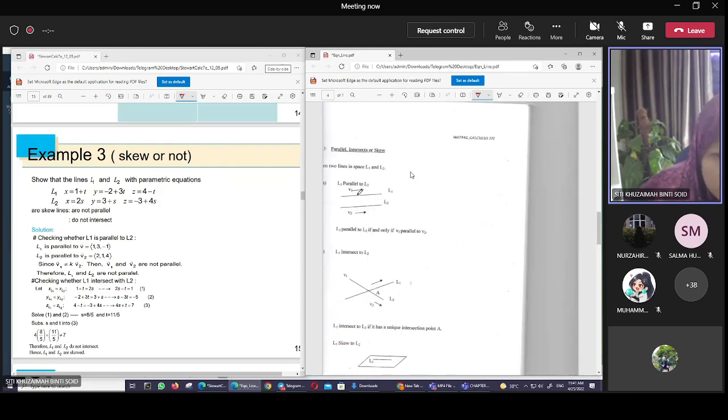The first one, when these two lines are parallel, nampak kan parallel tu, so parallel lah line ni. Then this line and this line, they are parallel. Okay, parallel line.